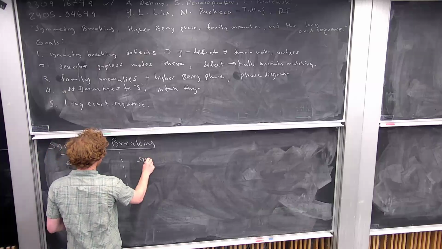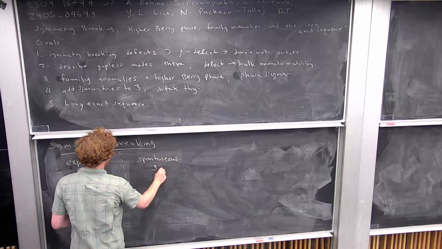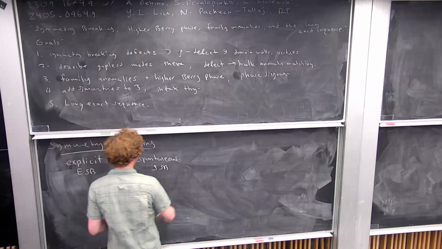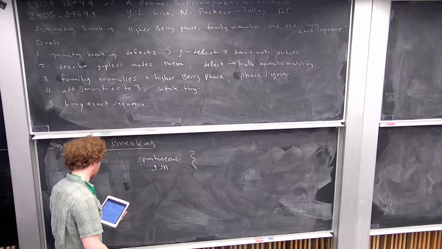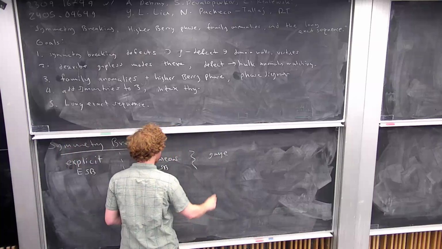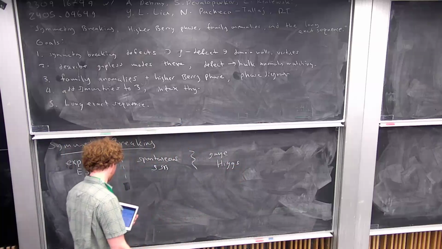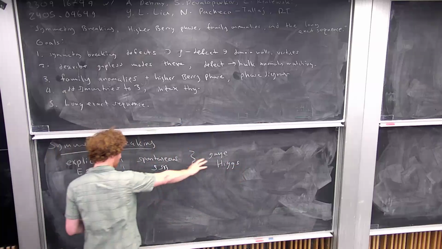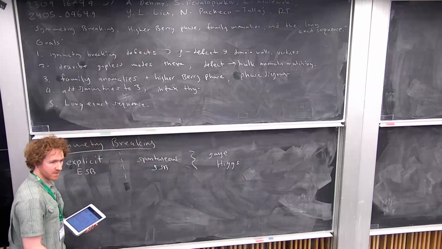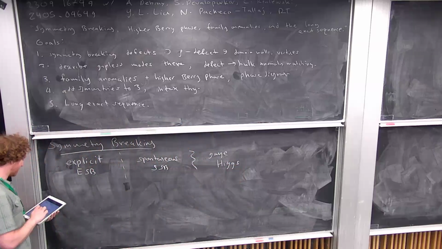You have spontaneous symmetry breaking. And a bit distinct from these two, you can have gauge symmetry breaking, the Higgs mechanism. This one is mostly conceptually distinct from the other two, but it has some similarities, so we still often call it symmetry breaking.